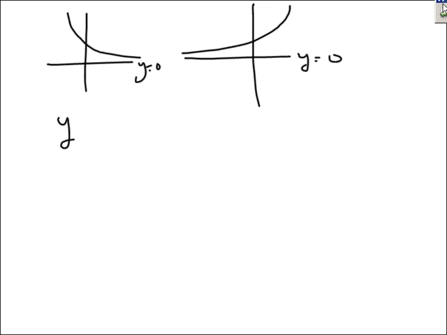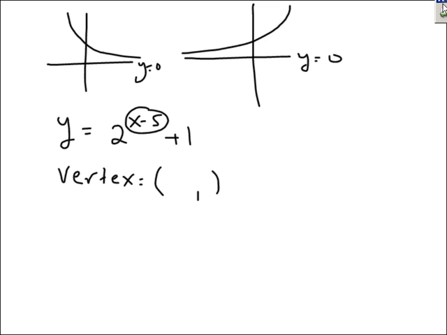So, if you were asked to graph y is equal to 2 to the x minus 5 plus 1, so this is a shift. You want to find their vertex. The vertex has always been what makes that 0, 5, and what does that say? 1.